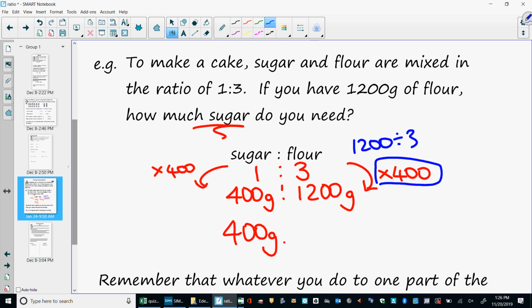We multiply by 400. We knew that because 1,200 divided by 3 was 400. Does that make sense? You will only ever be multiplying or dividing, so don't start thinking about adding 2 or taking away 3. In this case we were dividing, like here, 1,200 divided by 3.